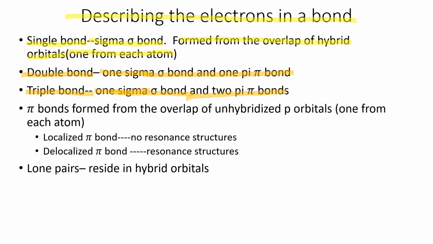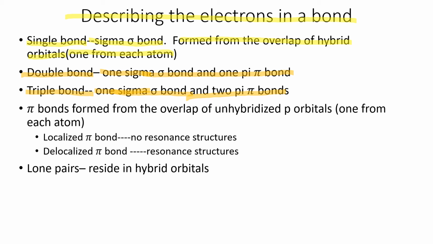You can't jam all of those electrons into the same region of space. The space between the nuclei can really only hold 2 electrons, so if you're sharing more than 2 electrons, the rest has to be in some region outside of the area directly between the 2 nuclei. That's why in a double or triple bond, you only get one sigma bond and the others are pi bonds.